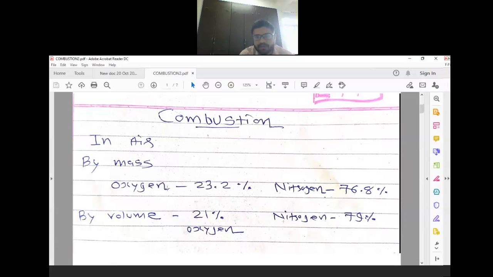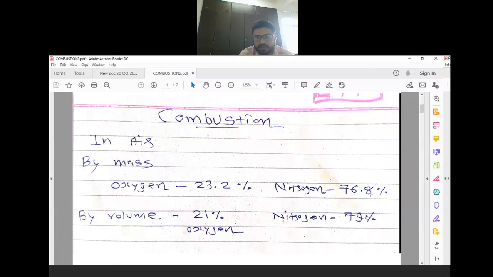Here we are neglecting some of the other gases, and we are also neglecting water vapor. So we have considered only oxygen and nitrogen. According to mass, oxygen percentage is 23.2 and nitrogen percentage is 76.8.